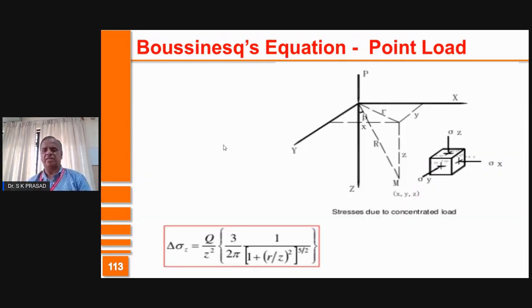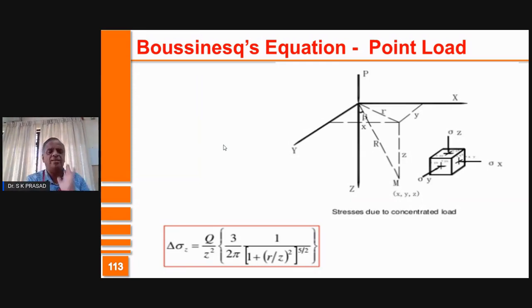So Boussinesq's equation is the most popular equation for determination of the stress in soil at some depth due to the external load. The simplest one is the point load. Idealization as a point load is always questionable, but it has a simple formula and is easy to remember.